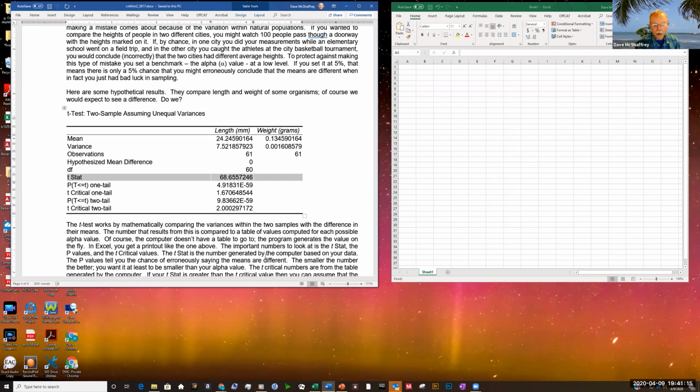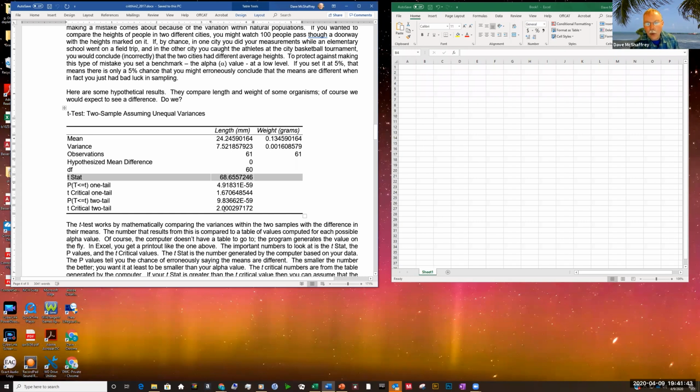If it is bigger than the t-critical value, then we reject that hypothesis that the means are the same, and we believe that the means are different. So in this case, 68.6 is much bigger than 1.67 or 2.0. So we can reject the hypothesis clearly.